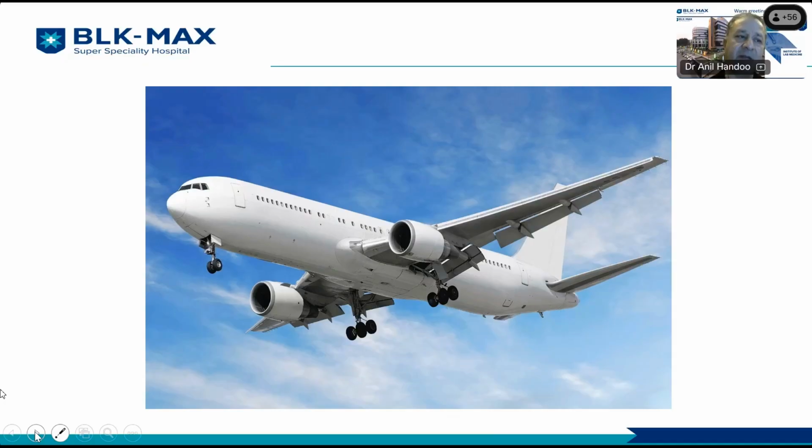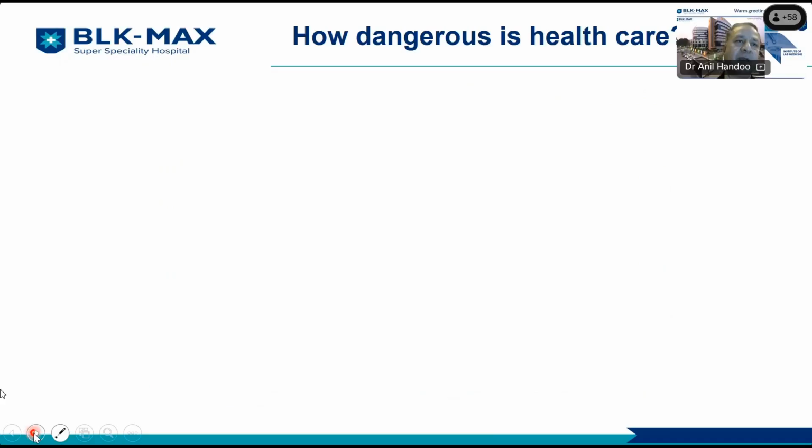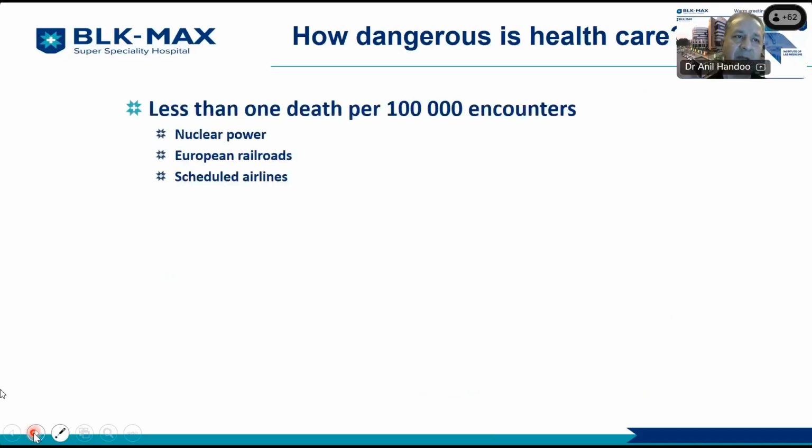The fact of the matter is that there is something called reliability and trust associated with the aviation industry anywhere in the world. So if I ask you how dangerous healthcare is, and give you analogies from various possibilities across the globe: if you look at nuclear power disasters, European railroads or scheduled airlines, you have less than one death in 100,000 encounters.